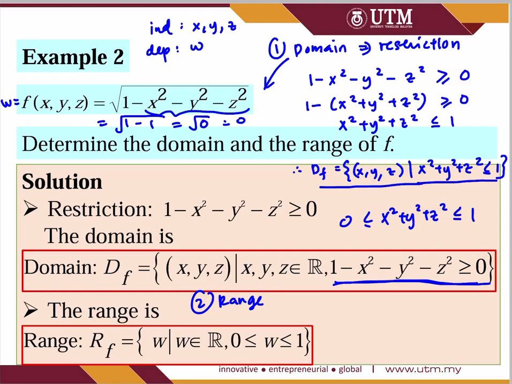So the range here is, using the notation again, for w the maximum value is 1 and the minimum is 0. Just imagine for the range, we substitute in the values and use your calculator to calculate. The value is only between 0 and 1. So this is our range.